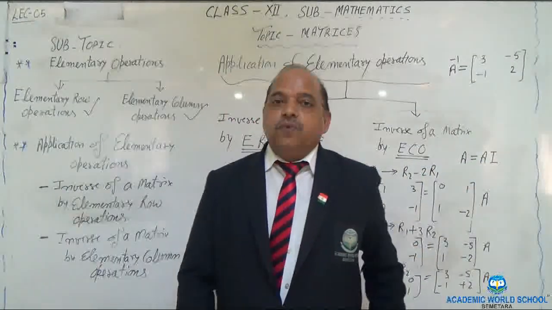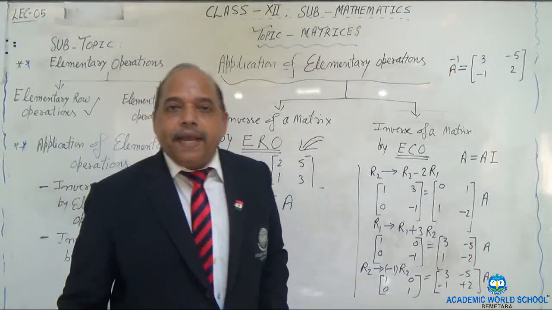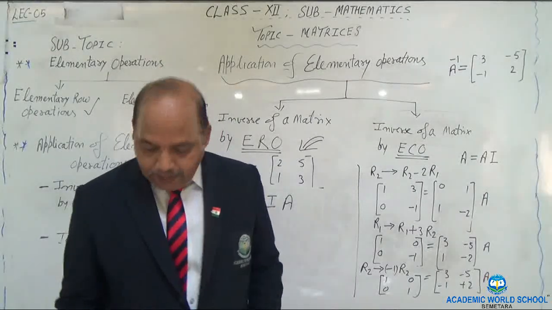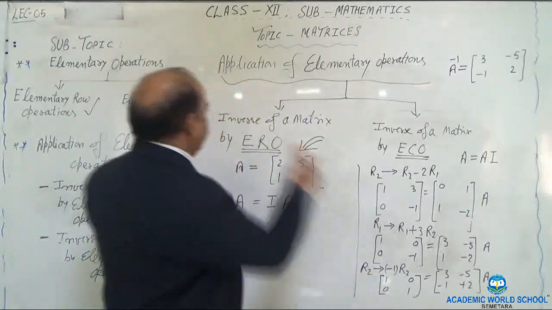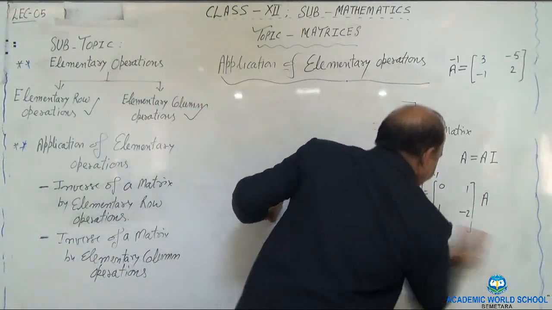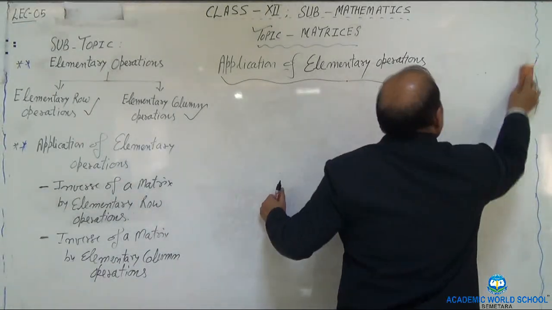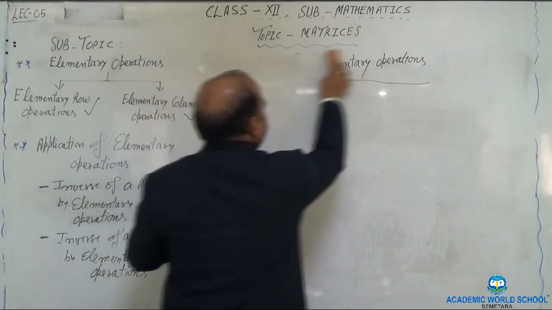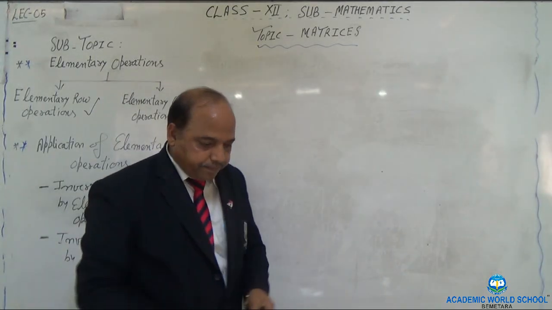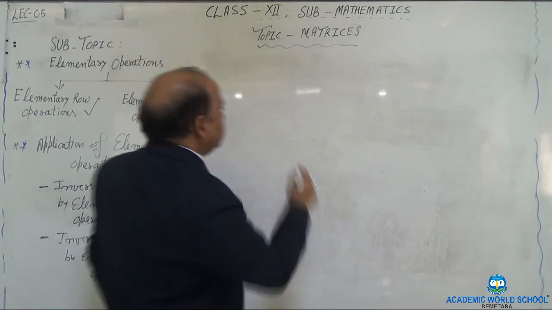Let's take up another question. We have just taken this 2 by 2 matrix. Let's take up a higher order matrix, a 3 by 3 matrix. We are taking one matrix whose order is 3 cross 3.